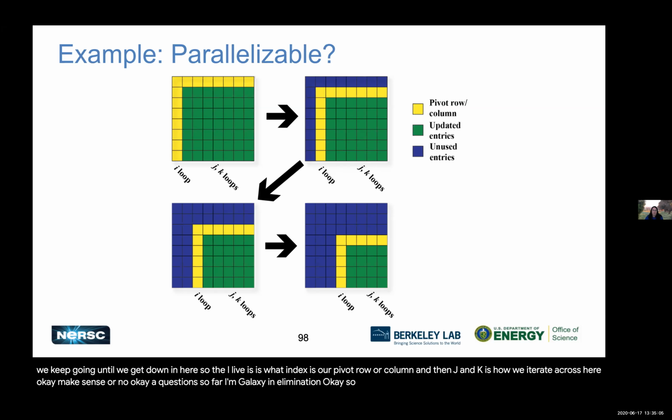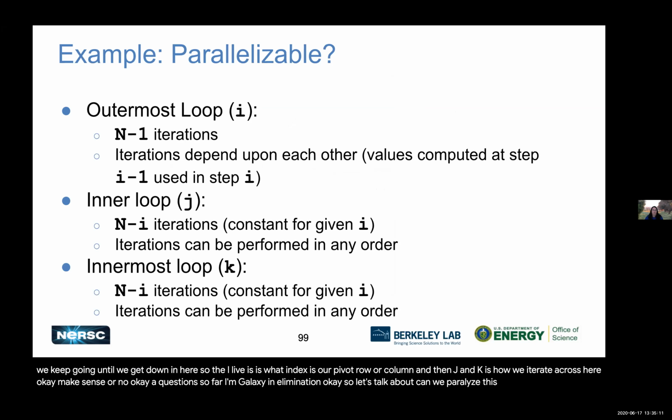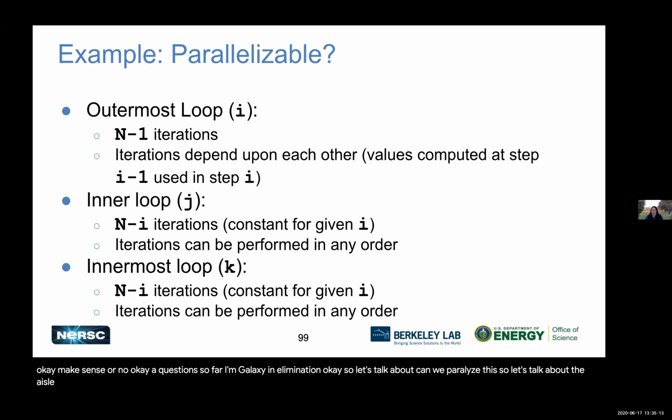Okay, so let's talk about can we parallelize this? Let's talk about the I loop. The I loop is the pivot row and column, right? So it has a constant number of iterations, n-1. We know that from the beginning. But the iterations do depend on each other, right?